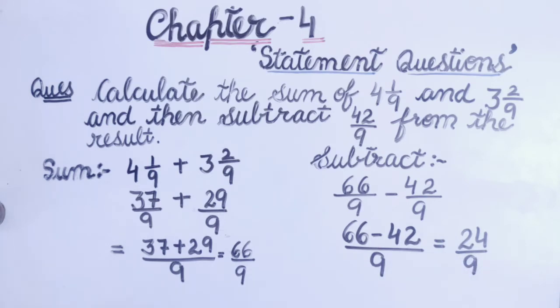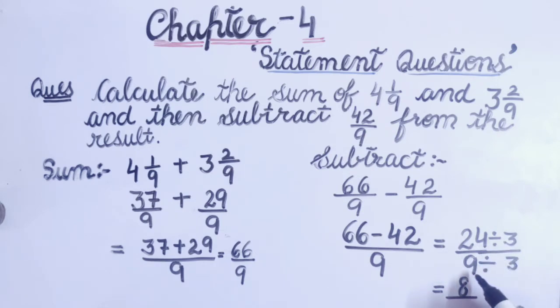Students, we should always convert our answer into standard form. There are two steps to follow. First one is we have to find the HCF. Students, when you find the HCF, you will find the answer is 3. Second step is we have to divide the numerator and the denominator by the HCF. So when you divide 24 by 3, what answer will you get? 8. 3 8s are 24.